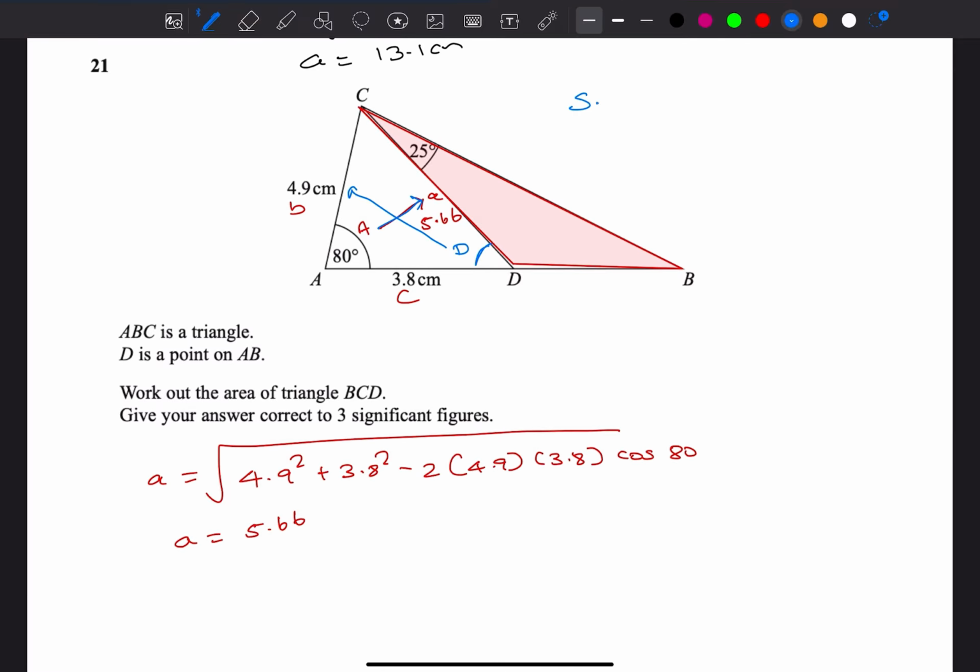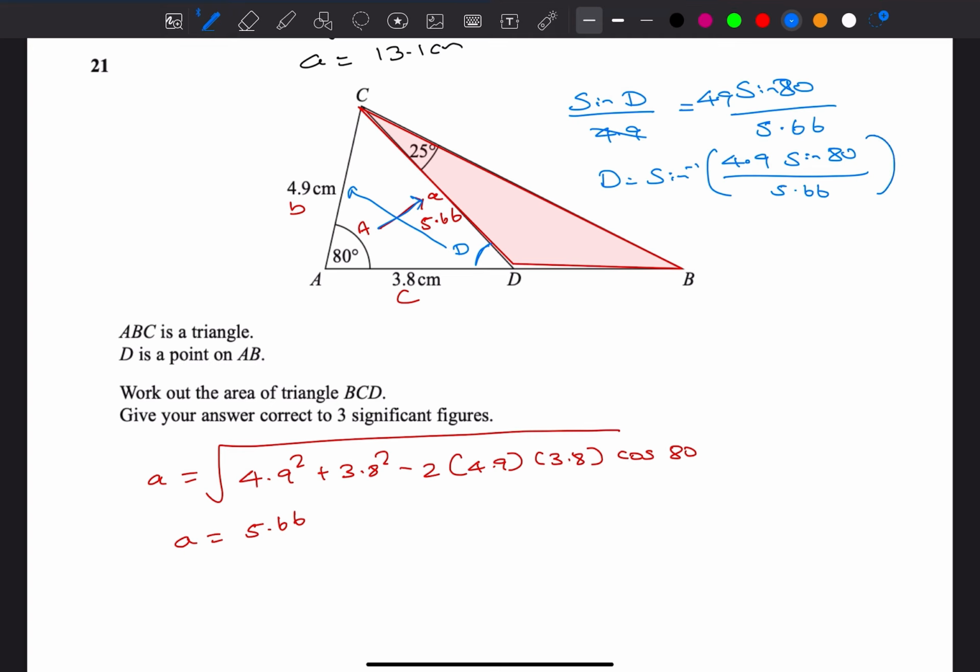Sine D over 4.9 equals sine 80 over 5.66. 4.9 comes here. D is sine inverse of 4.9 sine 80 over 5.66.